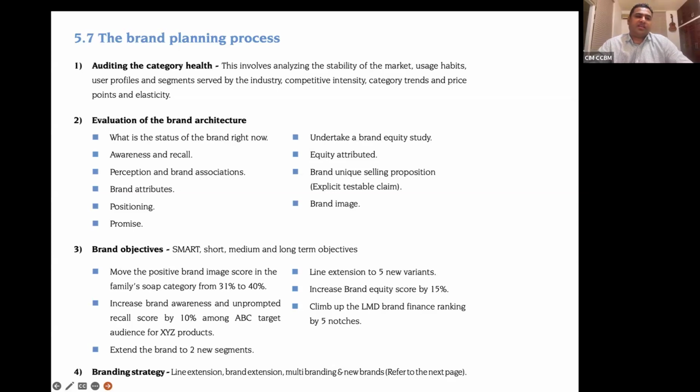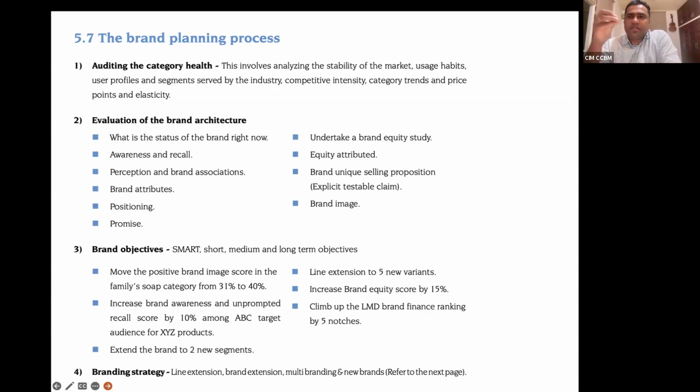Now, this is from my book, where I have a process for brand management. This is from a chapter called brand management in my book, Marketing and Business Strategy. So in that, I have a few areas on how you would conduct a brand plan. I call this the brand planning process.